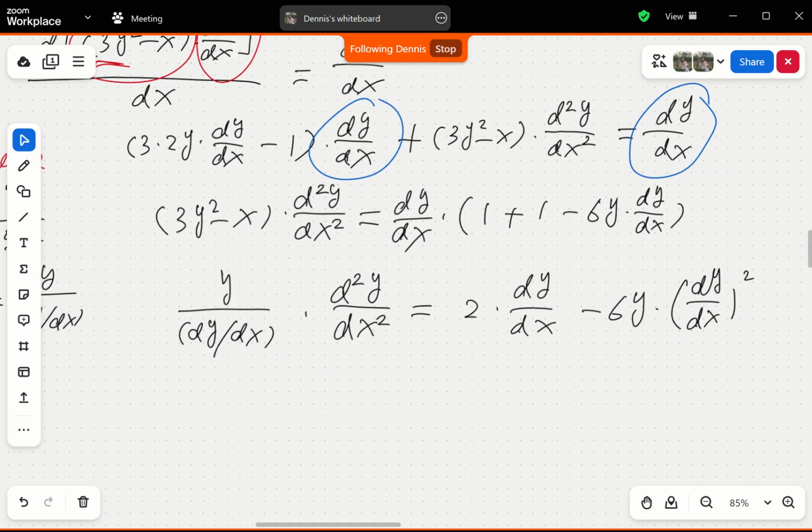So we multiply both sides by the reciprocal of this one, y over dy with respect to x.